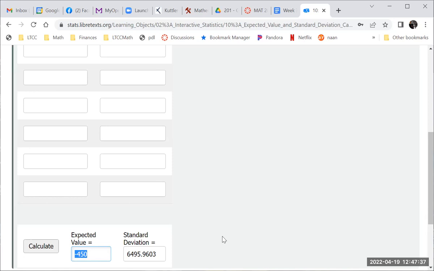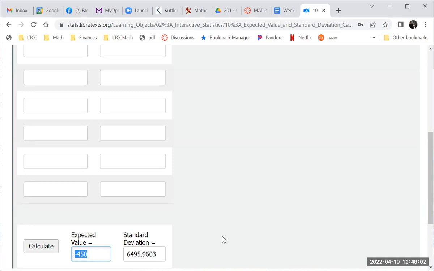It's probably easier to get rid of the word profit and turn it into loss. And you would say if many people purchase the policy, then it's likely that the average loss per person is close to $450.